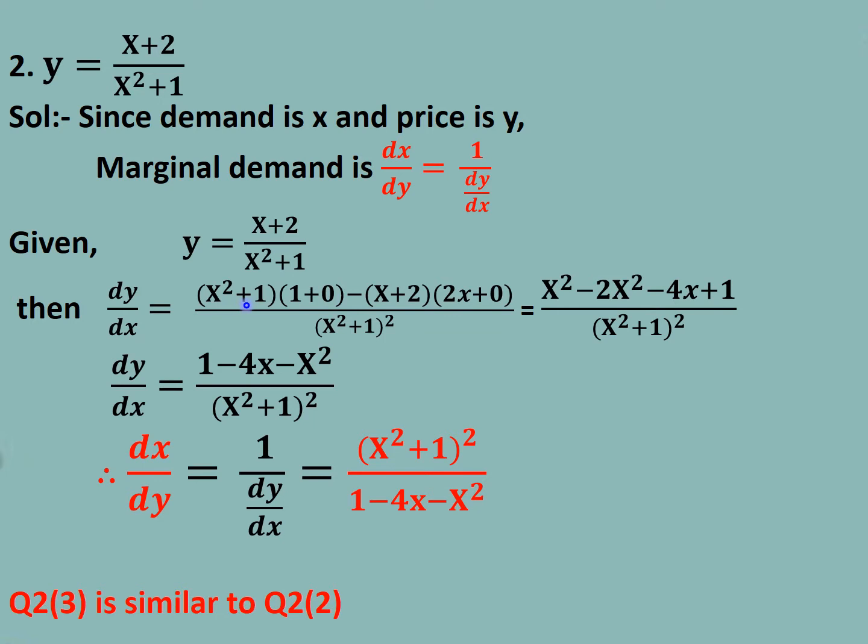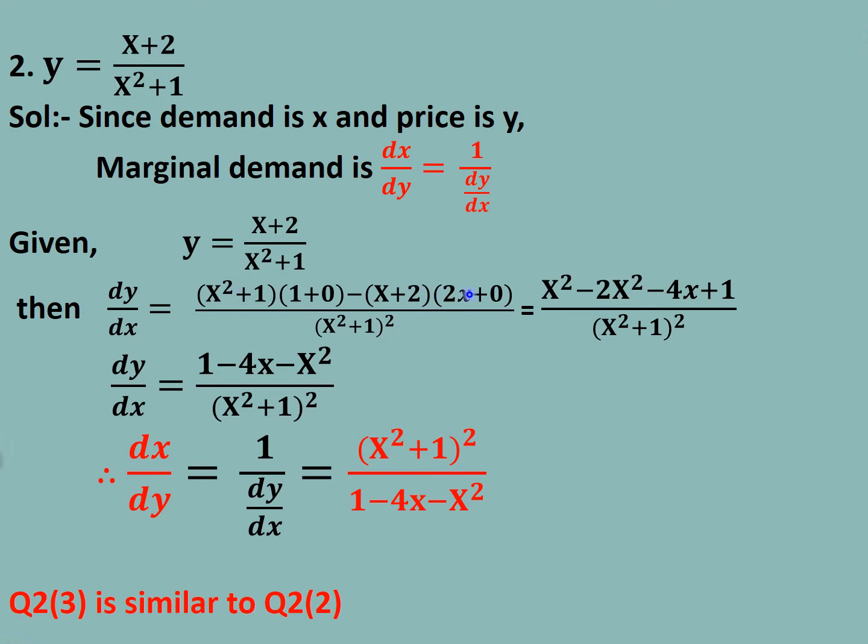So x square plus 1 into 1 plus 0 minus u into derivative of v. U is x plus 2, v, that is x square plus 1. Derivative of x square with respect to x is 2x plus derivative of 1 is 0, divided by v square, that means x square plus 1 the whole square.